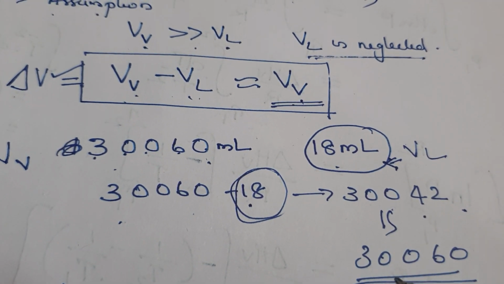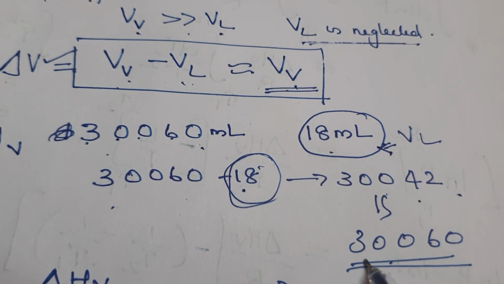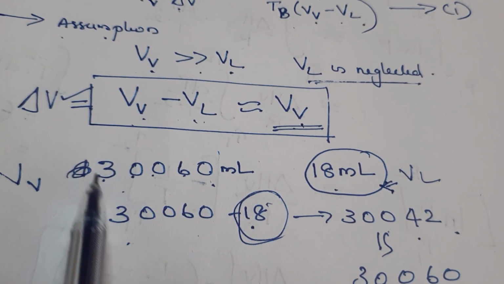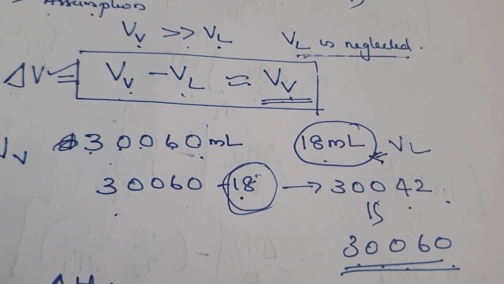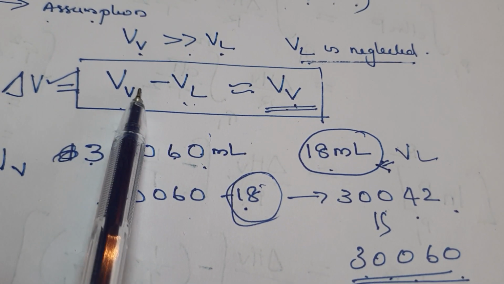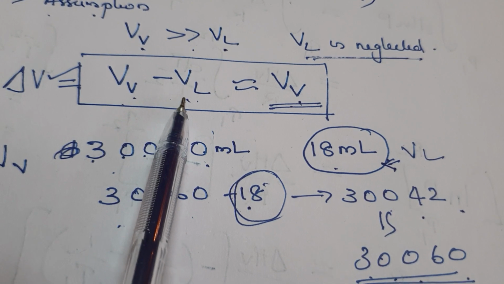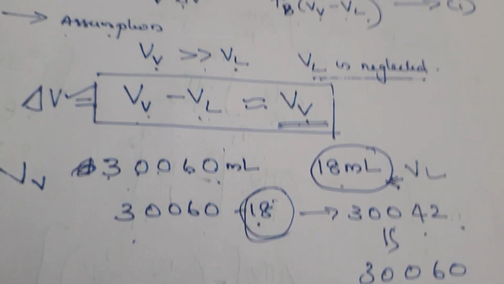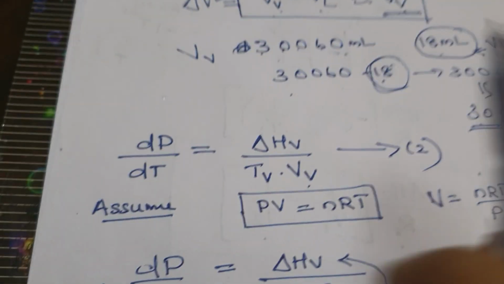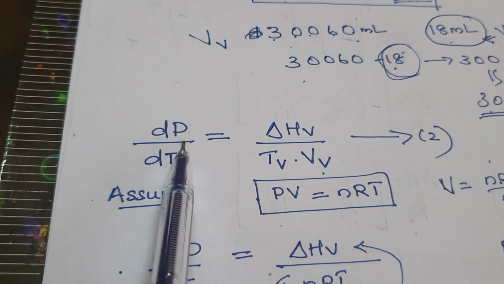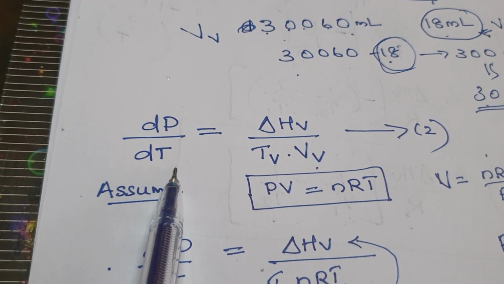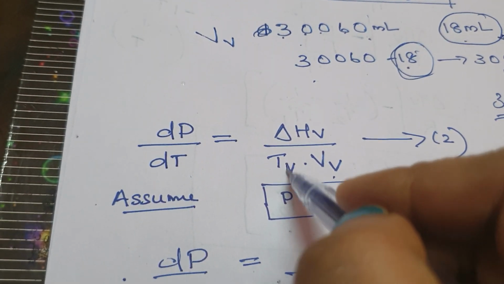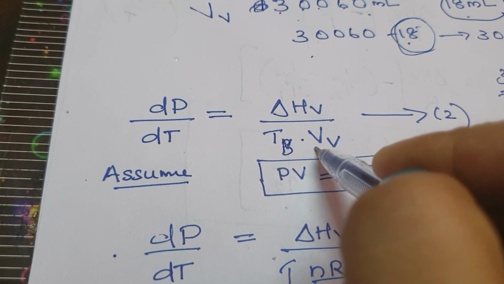So instead of subtracting, we can take just 30,060 itself, because this value is very high. So volume of vapor minus volume of liquid is taken as volume of vapor. Now the expression becomes dP/dT is equal to delta H_V divided by T_B into V_V.